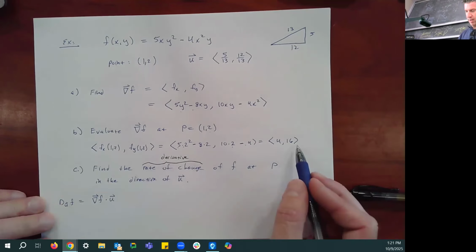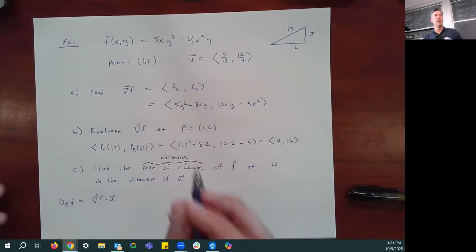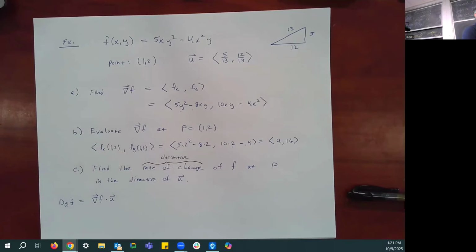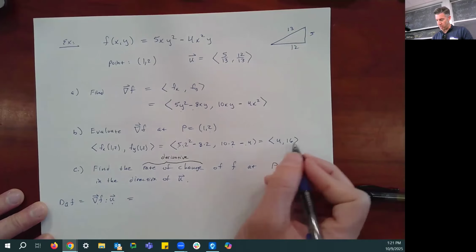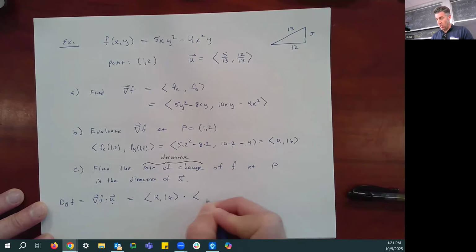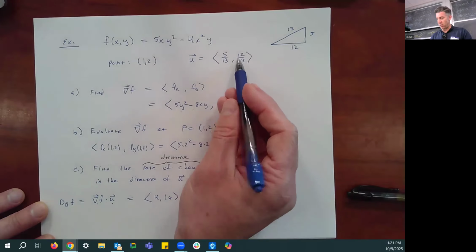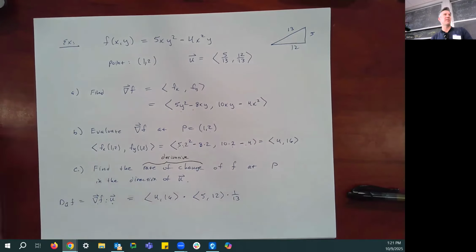So we calculated that. Now we're going to find the rate of change of f at p in the direction of u, or in other words, find the directional derivative of the function in the direction given. That's just going to be your gradient dotted with the unit vector u. So that's going to be our 4 comma 16 dotted with, if you prefer, you can write this vector as 5 comma 12 times 1 over 13. I like to leave the denominator out if it's the same, which it usually is.